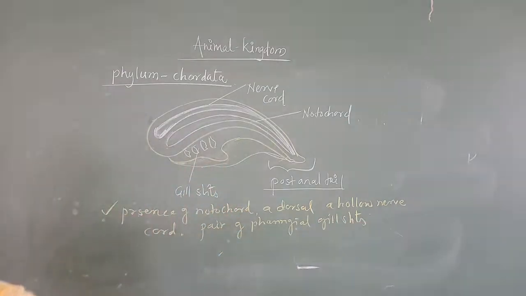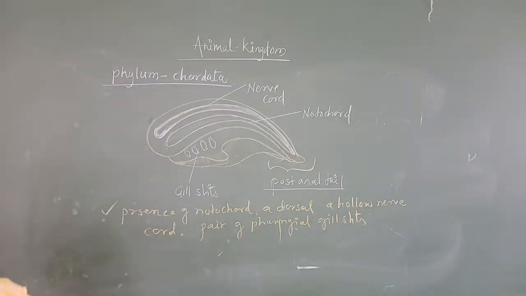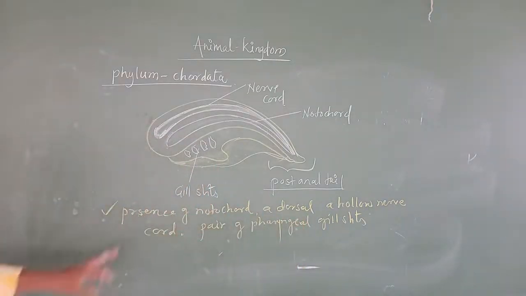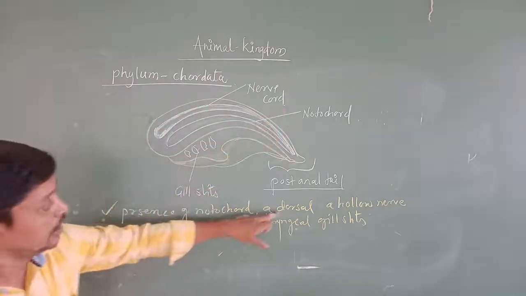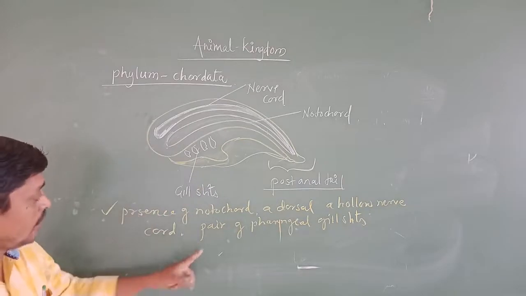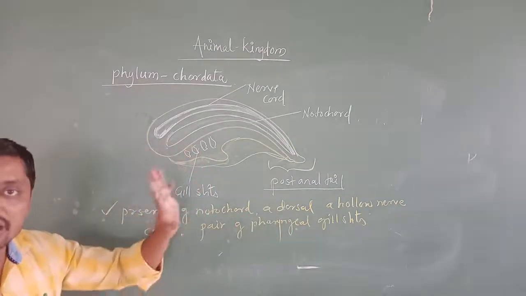This is the first point. Presence of notochord, dorsal hollow nerve cord, and a pair of pharyngeal gill slits.